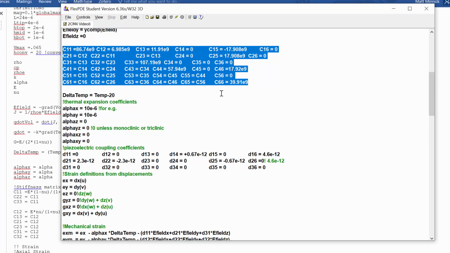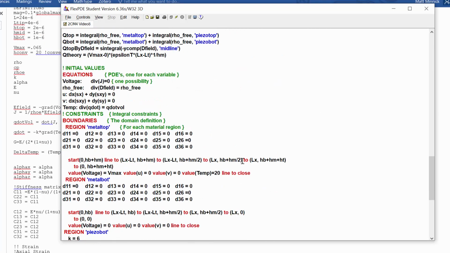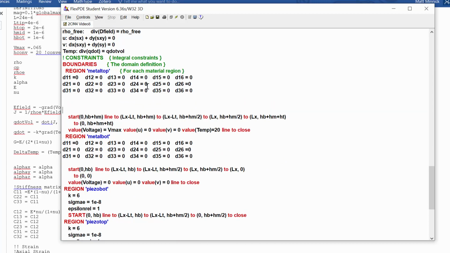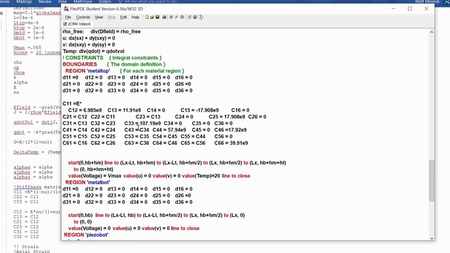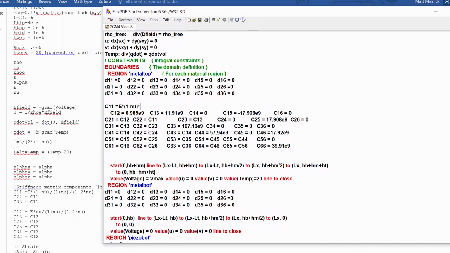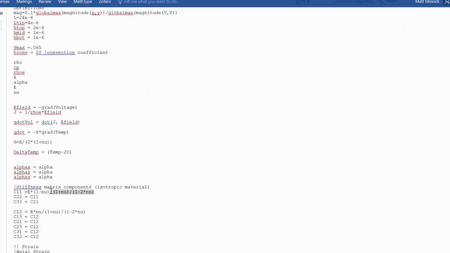Finally, for a metal, the stiffness matrix is going to be different, now having the components of an isotropic setup. So what we're going to have is C11 being equal to E times (1 minus nu) over (1 plus nu) and (1 minus 2 nu).